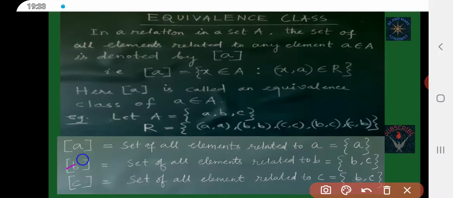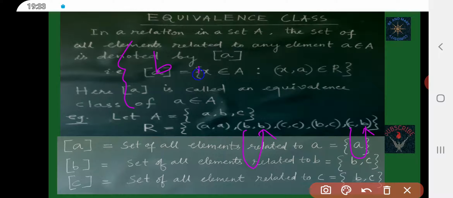Now come to b. The equivalence class of element b, okay, means the set of all elements related to b. Okay, now you see b is related to b. Okay, so set of b, and c is related to b.